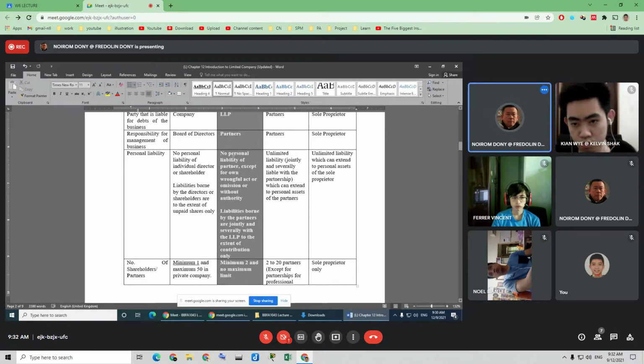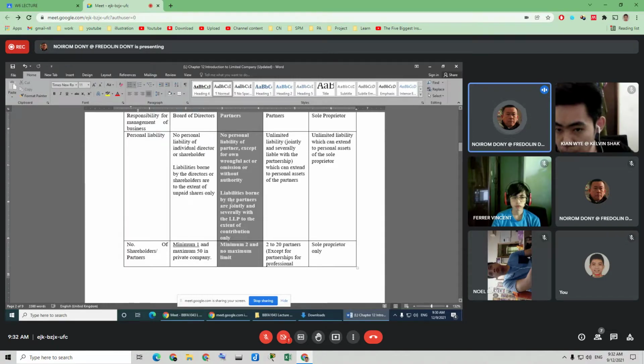But except, if they have wrongfully acted for the partnership and caused a loss to the partnership, they are responsible, right? Liability borne by the partners is joint and several with the LLP, to the extent of contribution only. What does it mean? Their liability is limited to their shareholding in the partnership.